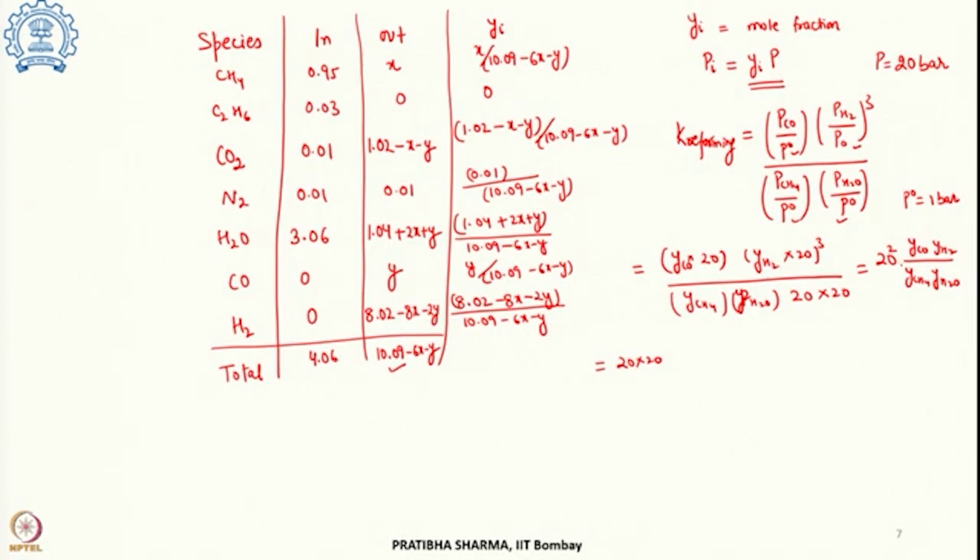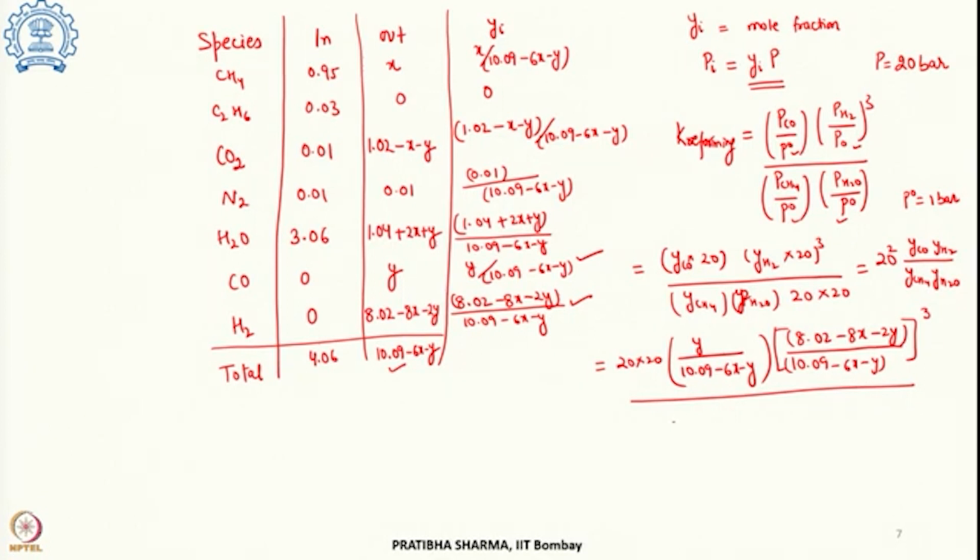So, mole fraction for CO we can use from here, y divided by 10.09 minus 6x minus y. For hydrogen, 8.02 minus 8x minus 2y divided by 10.09 minus 6x minus y, whole raised to the power 3, the stoichiometric coefficient.